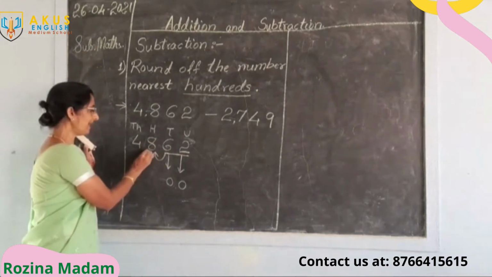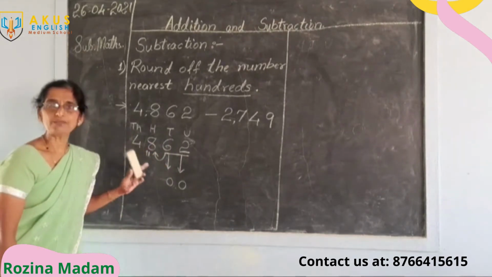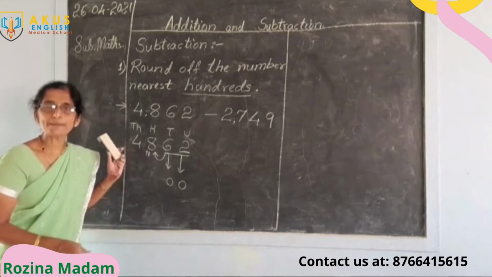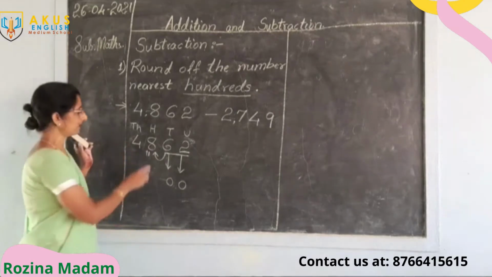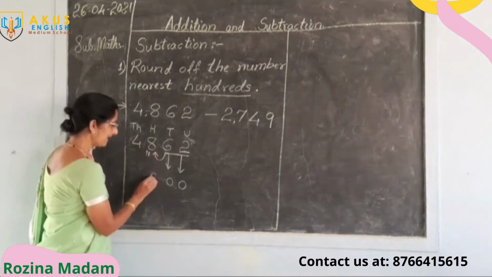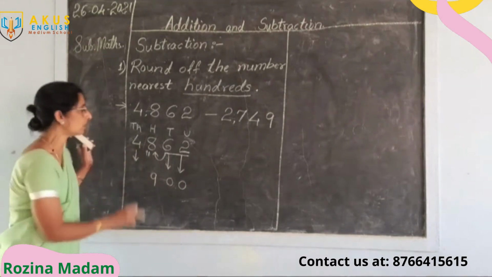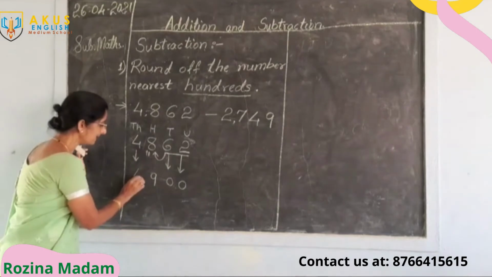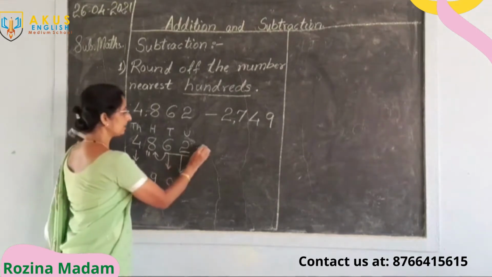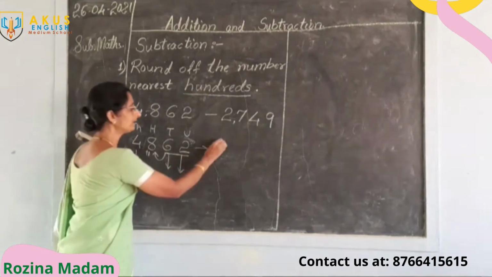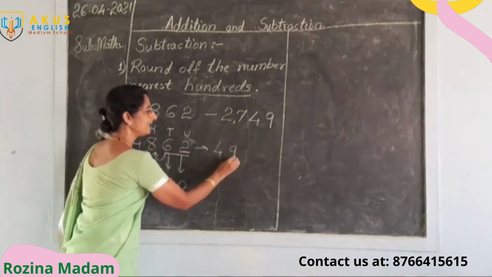So here when I add 1, 8 plus 1, or after 8, which number comes? That you have to write. So 8 plus 1, 9. 9 will come, and the thousands place number will not change at all. That will remain as it is. So your answer is 4,900.